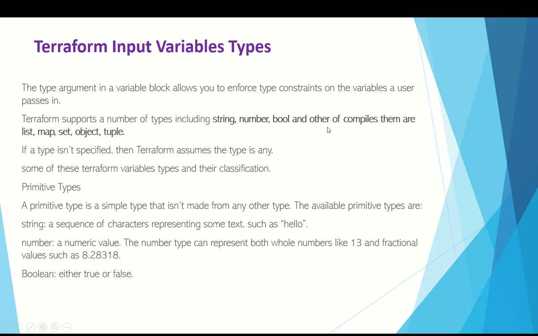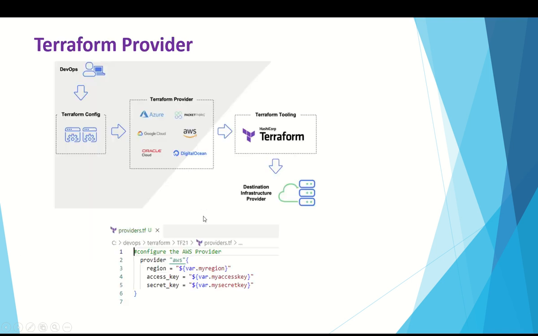We'll be using them and discussing them in upcoming videos. Bool, like we discussed, is true or false, and number may be a two-digit or four-digit number with decimals. This is about primitive types, which we have mentioned here.